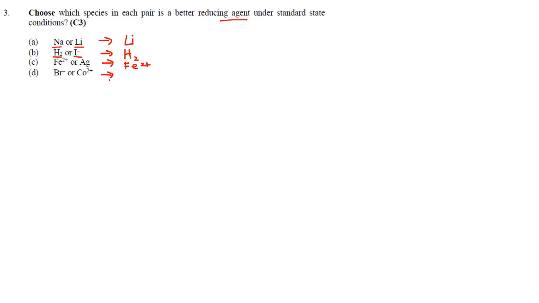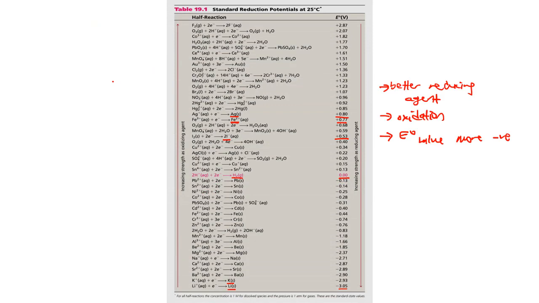Dan last kali, bromide ion dengan cobalt ion, Co2 plus. So kita tengok dulu bromine. So ni adalah kita punya bromide ion dekat sini, positive 1.07. Dan untuk kita punya cobalt, so cobalt Co2 plus dekat sebelah sini, this equation which is positive 1.82.